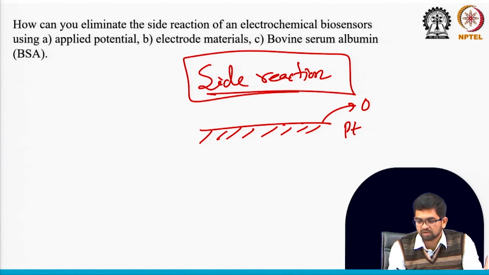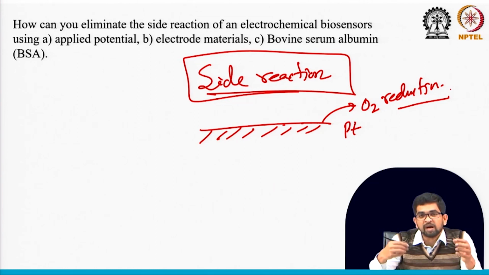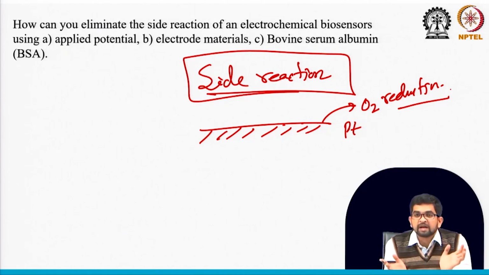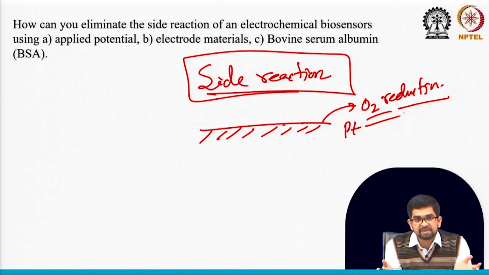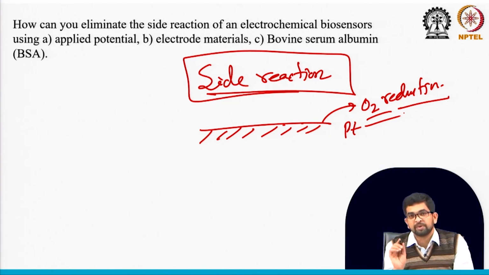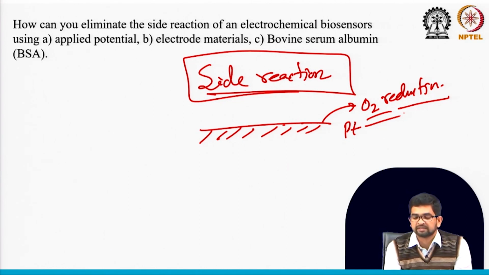In this case, oxygen reduction will be very high. You are using a buffer sample, you are using some real sample, but it contains oxygen. So it will show some background current, and you may face a reproducibility problem because of oxygen, because oxygen concentration may be different from place to place, sample to sample. So you may not get a similar background current. Also, because of oxygen reactions, you will see some current. So they are the side reactions, right?